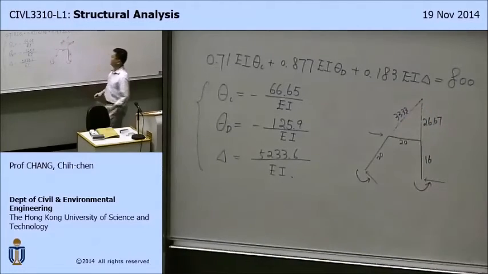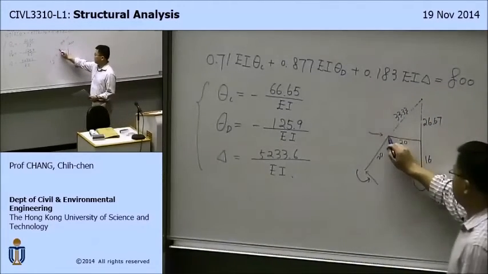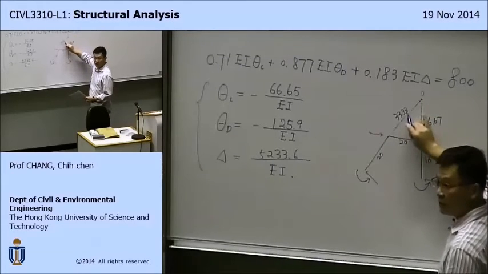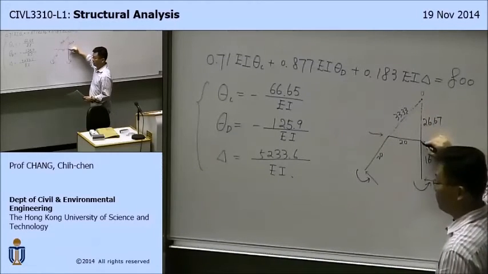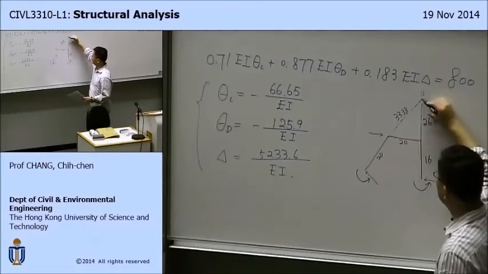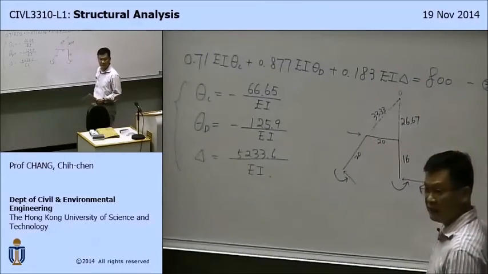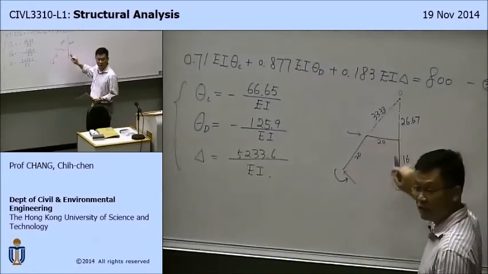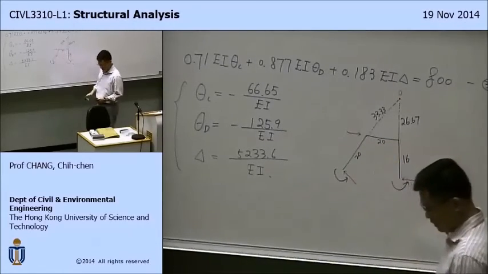All right. So the distance from this point to this O is 33.3 meters. The distance from point D to this point is 26.67, which you can actually establish based on the trigonometry or the information given on the board.